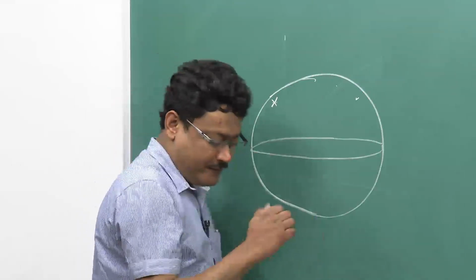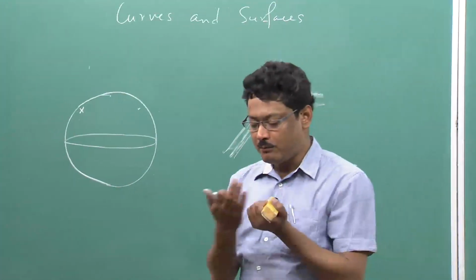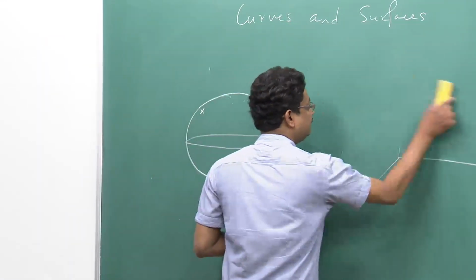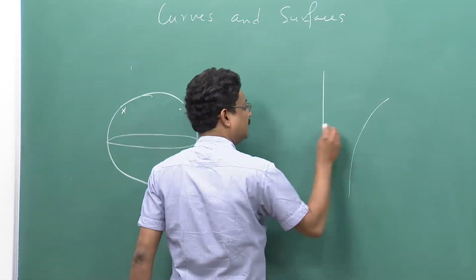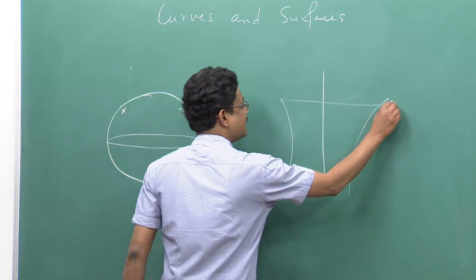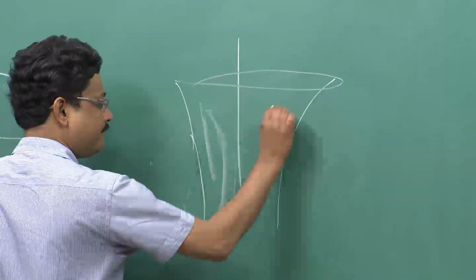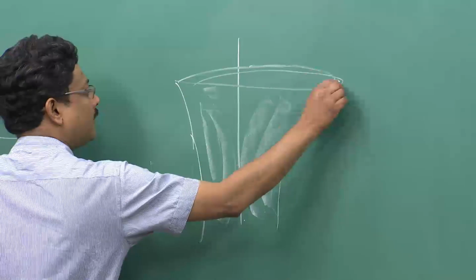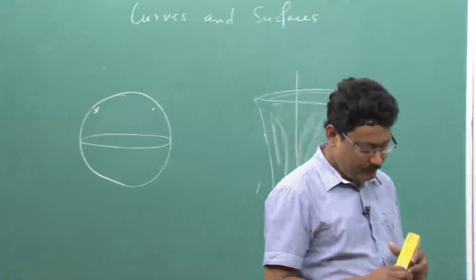Now, on the sphere you cannot draw a straight line, right. So a particle cannot move in a straight line. Or, for instance, if you have a surface like this, this is your surface in R3, you just cannot travel in a straight line in such a surface.